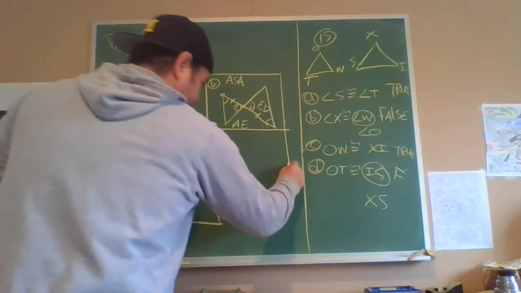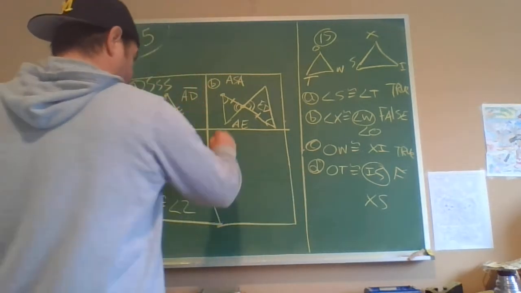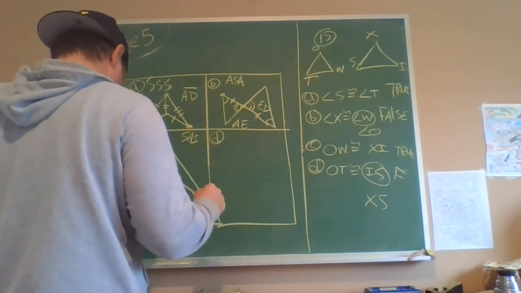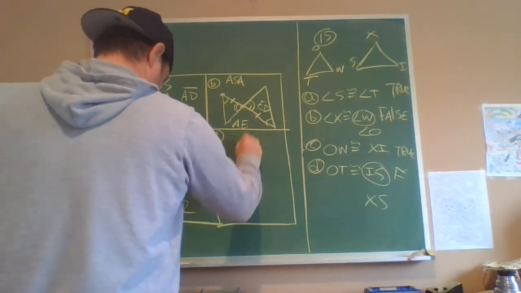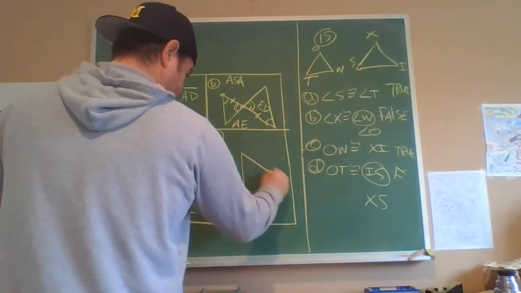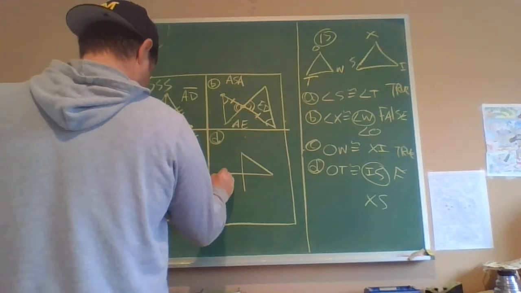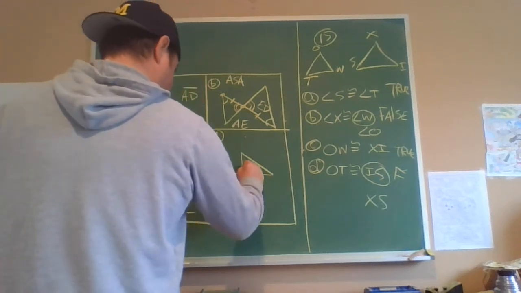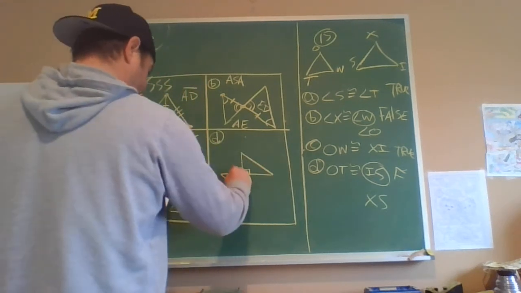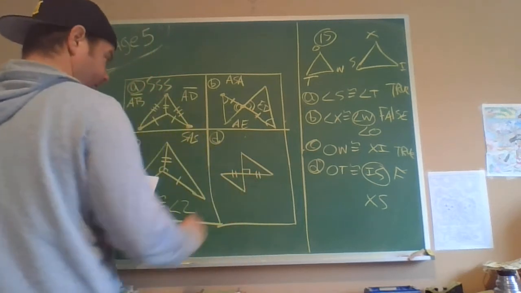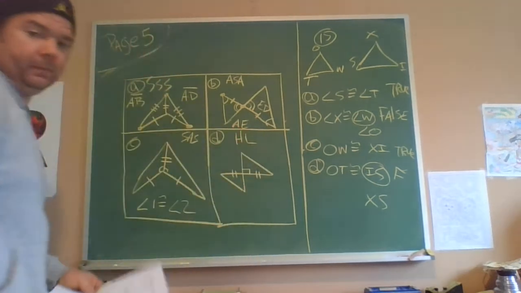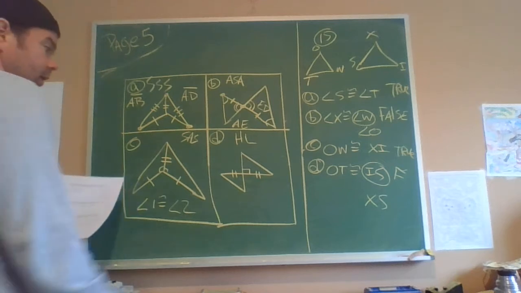And last but not least, part D, the HL theorem. It looks like this, like this, and boom. We know that's a right angle, and we need this and this. HL is the hypotenuse leg theorem.